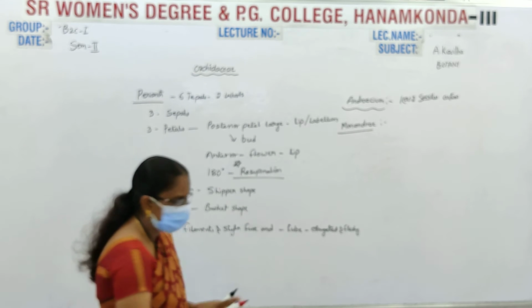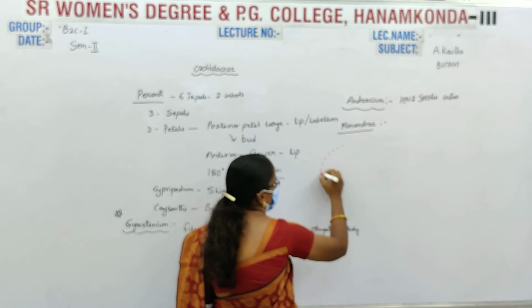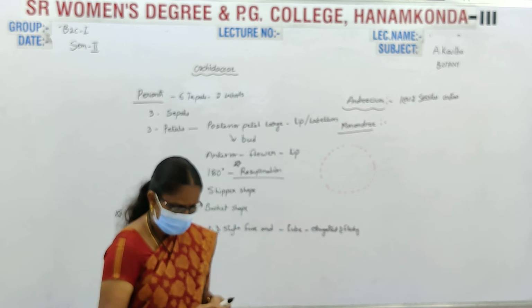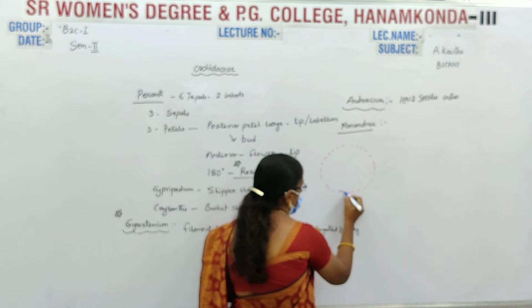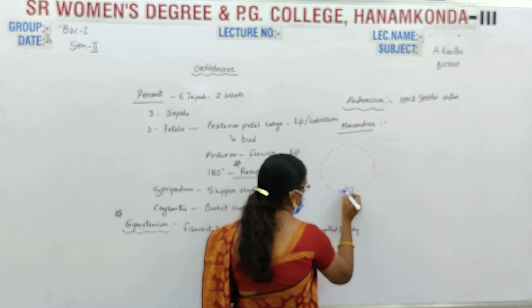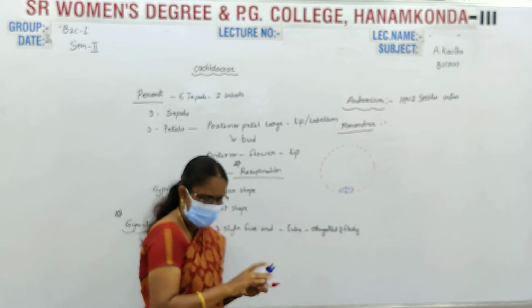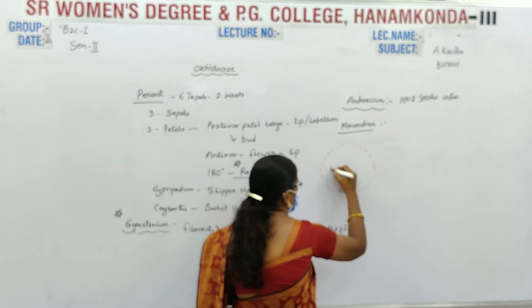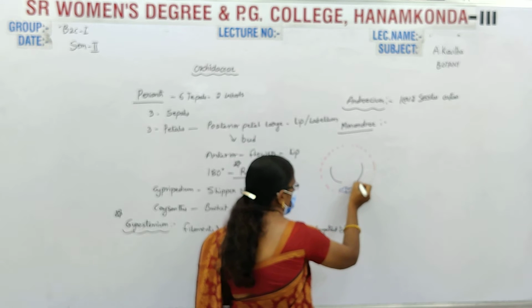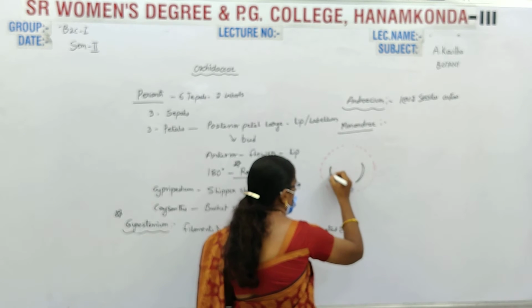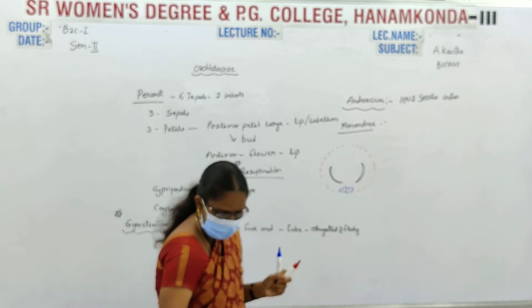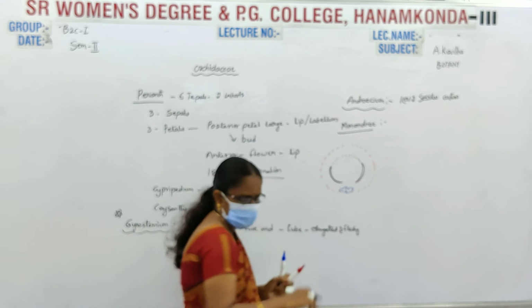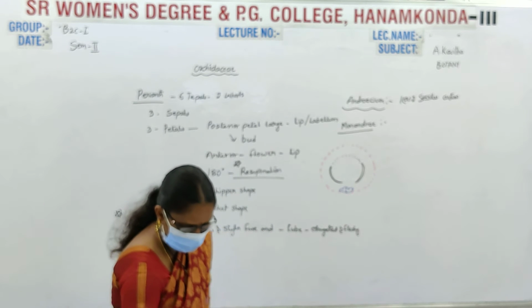For example, we see this diagram. This is the monandrous.